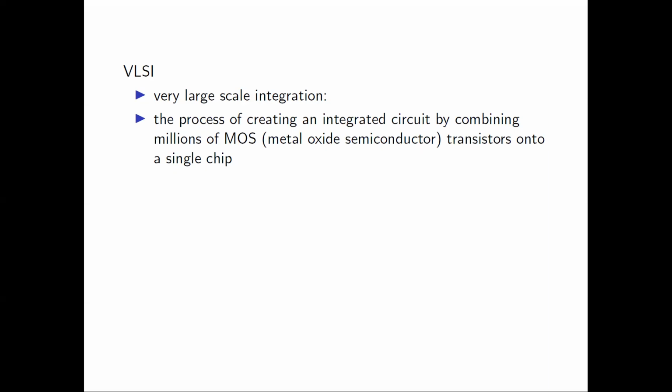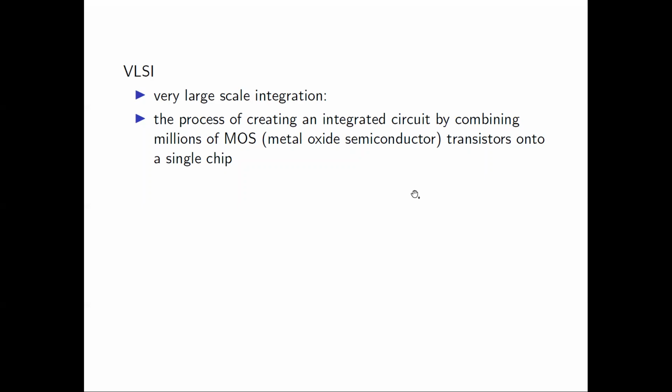VLSI started becoming used in the 1970s when MOS transistors, and we mentioned MOS in an earlier video, it stands for metal oxide semiconductor. So when these MOS transistors started becoming widely adopted, that's when very large scale integration started getting commonly used.